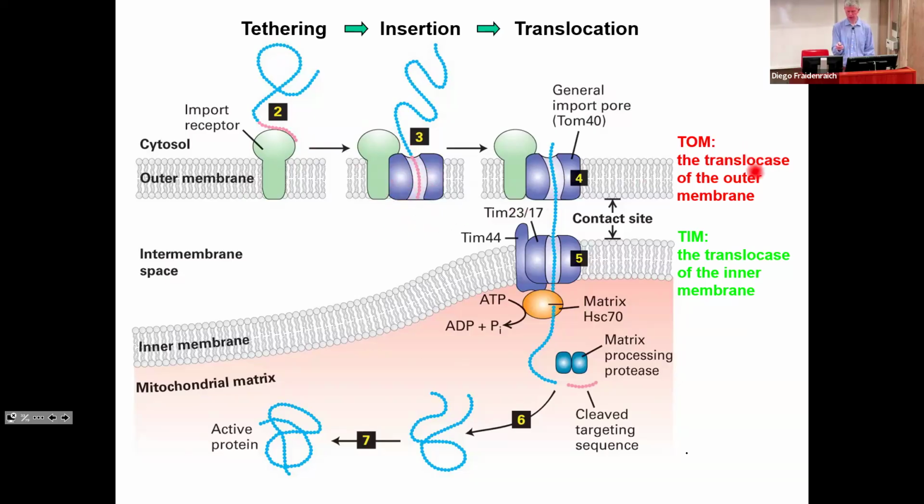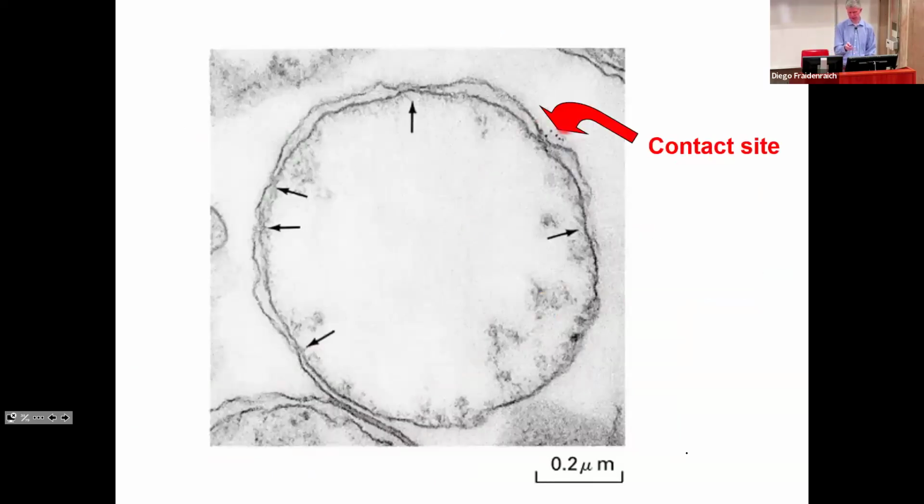This is the translocase of the outer membrane, and then further in these contact sites, we say translocase of the inner membrane. This is an electron microscopic picture, and you can see here contact sites is where the membranes attach to each other.